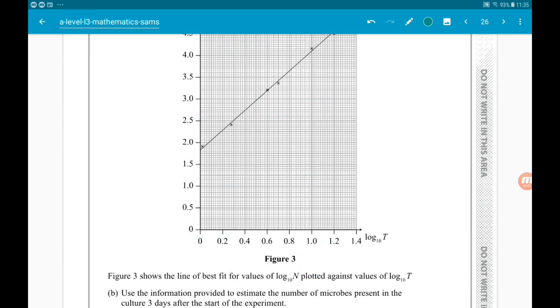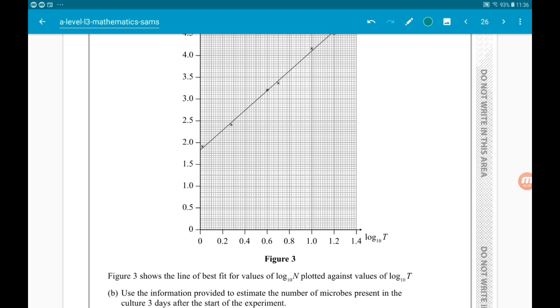Okay then, next up, figure 3 shows the line of best fit for values of log base 10 of n plotted against values of log base 10 of t. Part B, one says to use the information provided to estimate the number of microbes present in the culture 3 days after the start of the experiment.